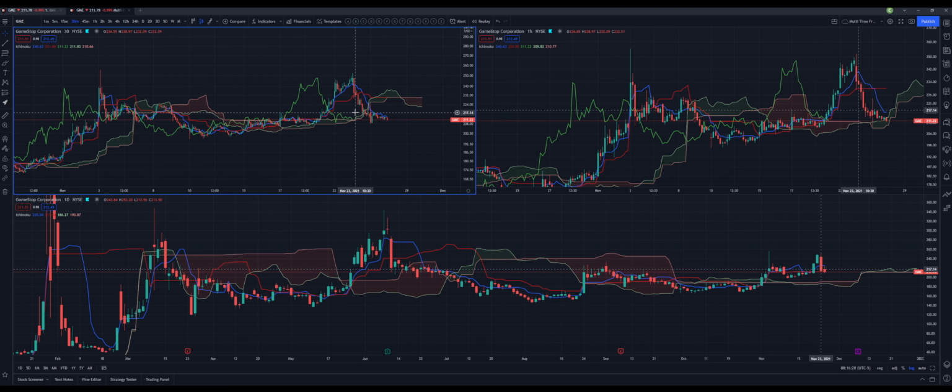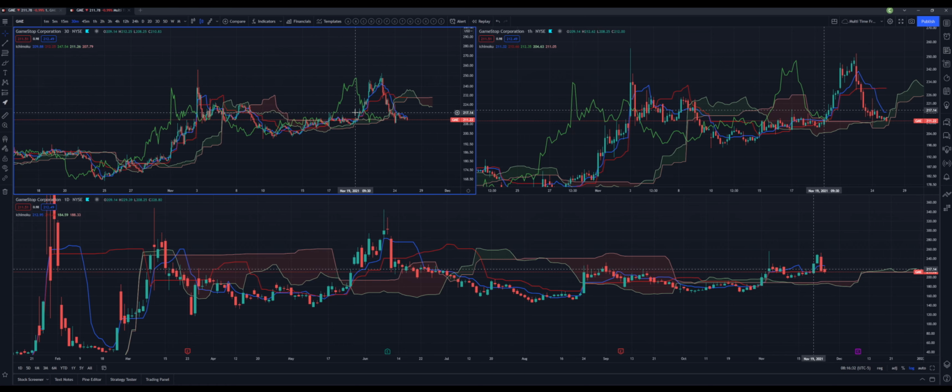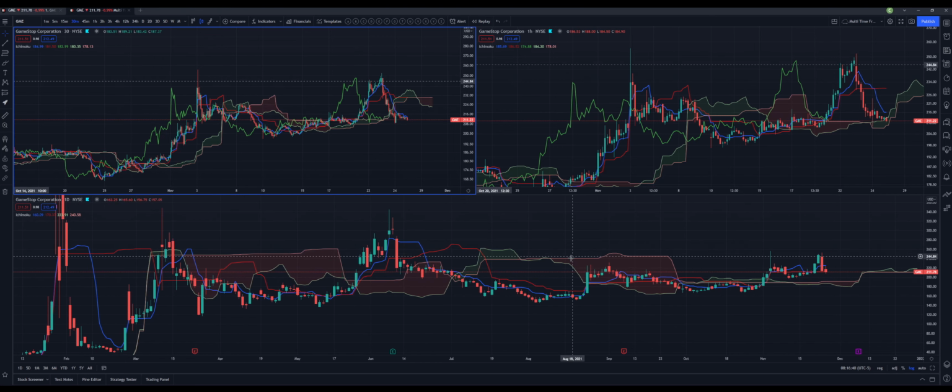Let's talk about the general trend on GameStop, starting with the daily chart. You can look at these clouds as simply zones of resistance. They're called Kumo in Japanese.